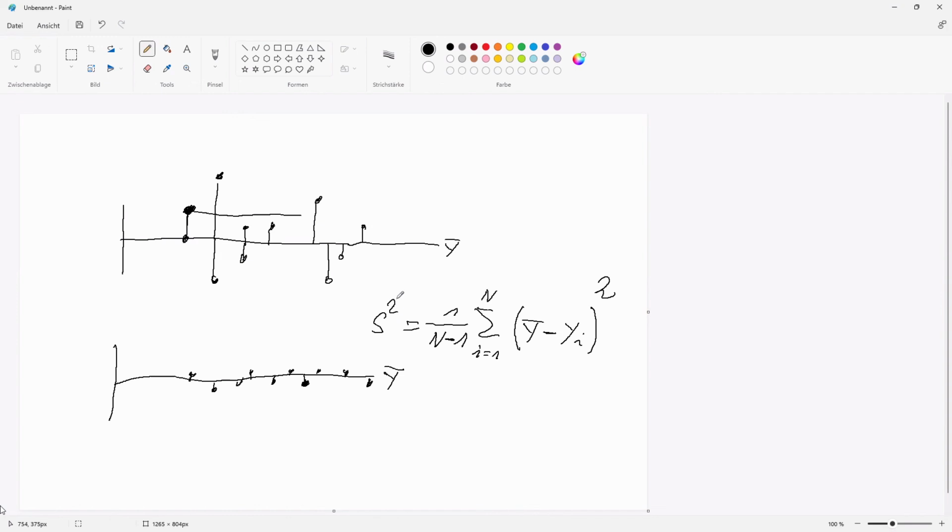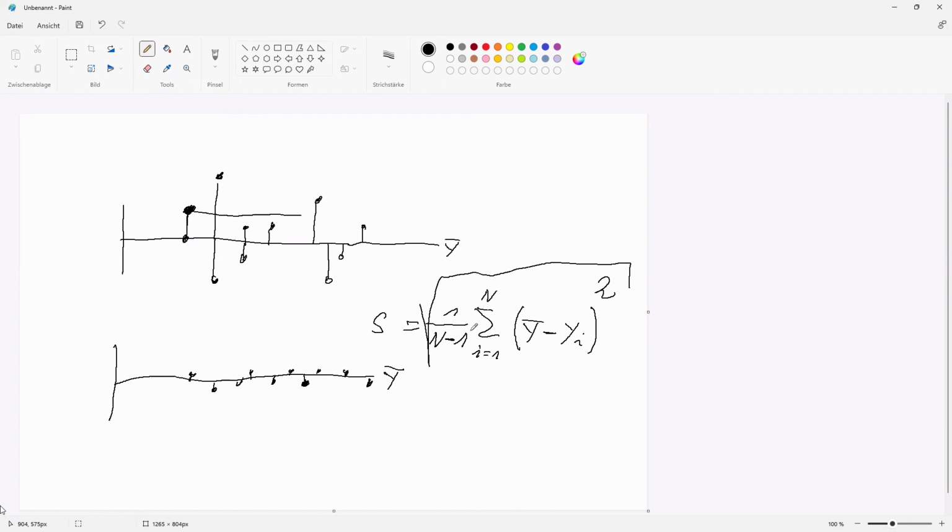And therefore, we take the root, and then we have the standard deviation with the same unit as our measurement value. And you see that is the formula for the standard deviation.